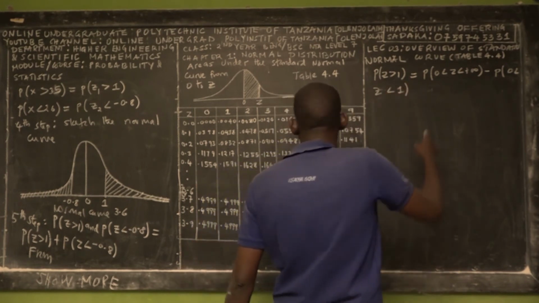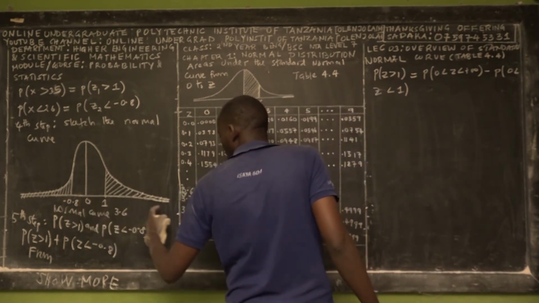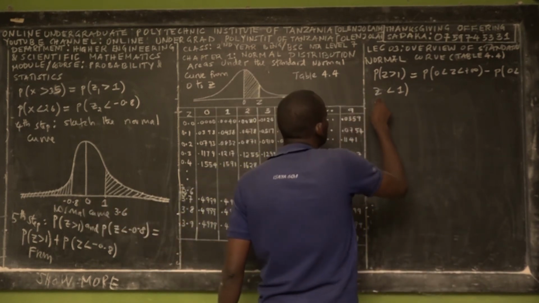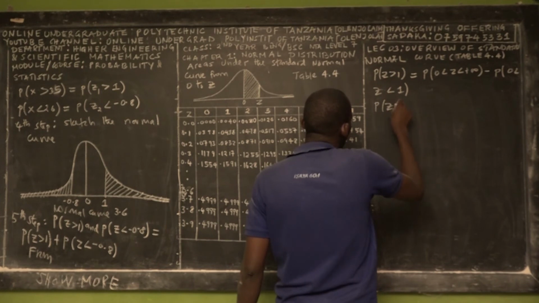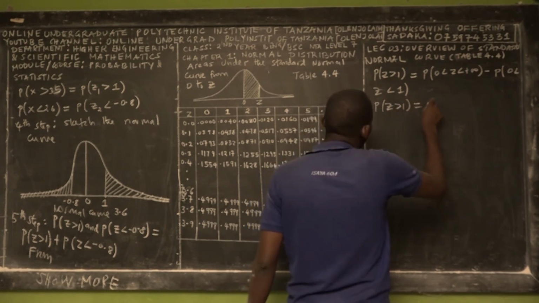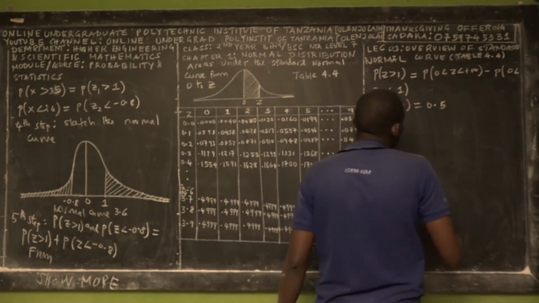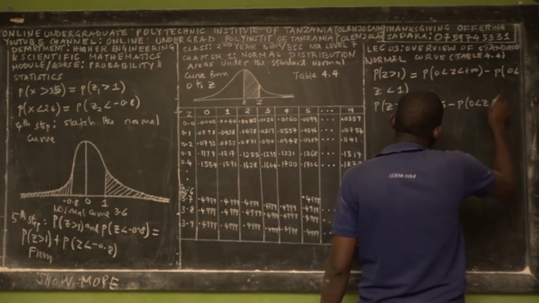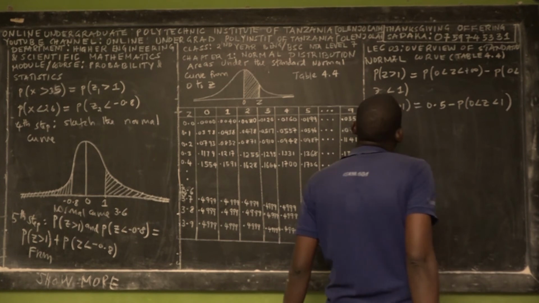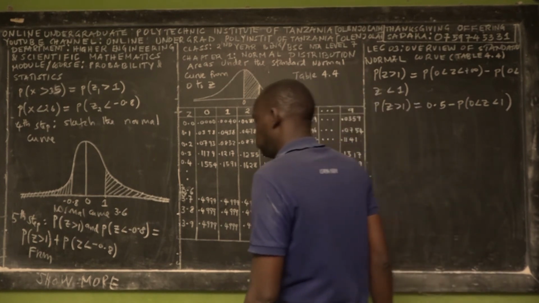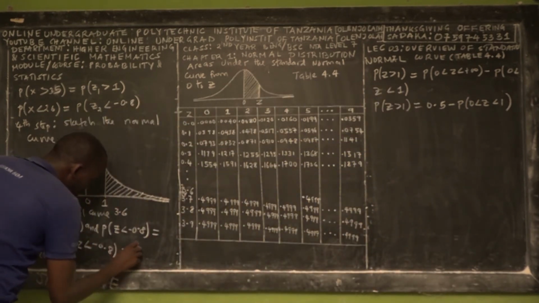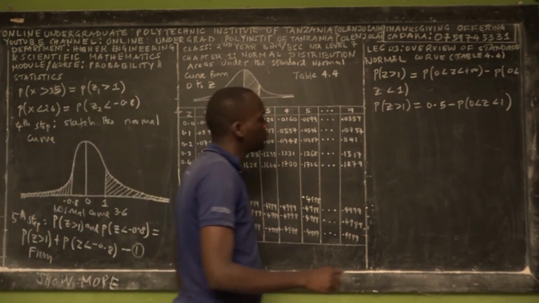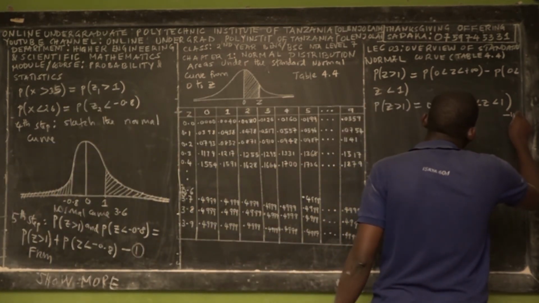The probability from 0 to positive infinity is 0.5. So the probability of z greater than 1 is equal to 0.5 minus the probability of 0 less than z less than 1. Suppose this is equation 1, and suppose this is equation 2.